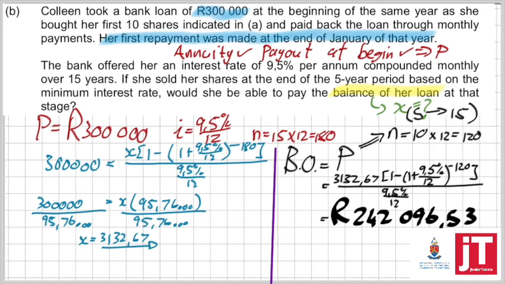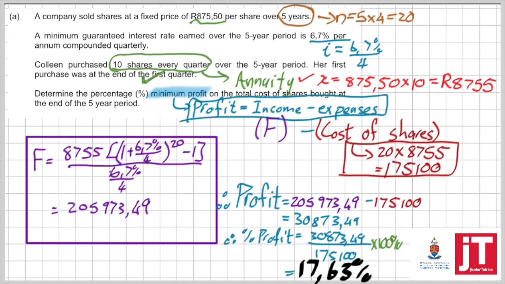But I still haven't answered the question. The question is, if I sell my shares, will I be able to repay? Let me go back to the previous slide. The previous slide says I would get back 205,000 Rand and 973.49 if I sell all of my shares at the minimum interest rate.